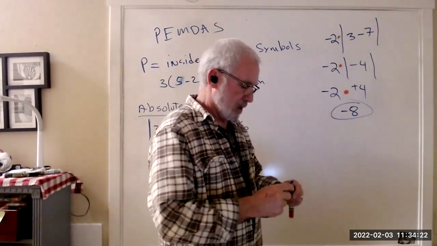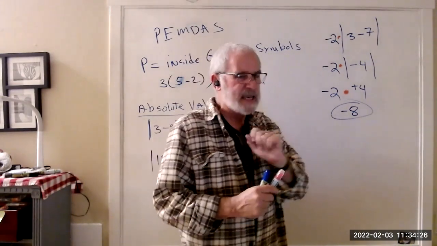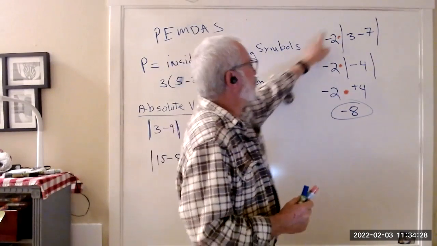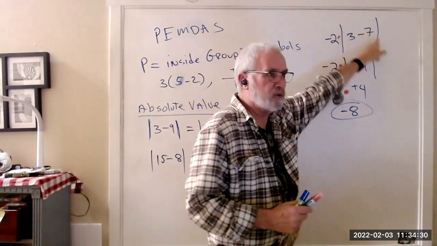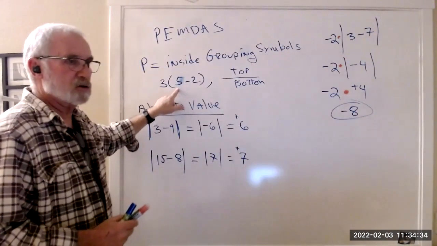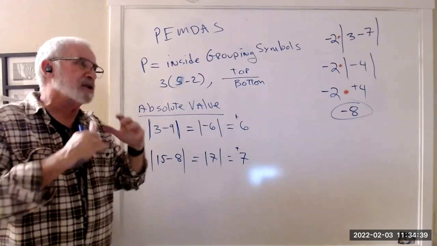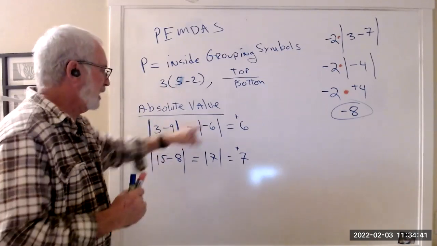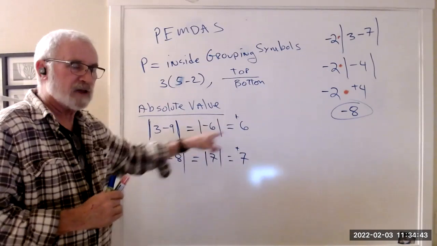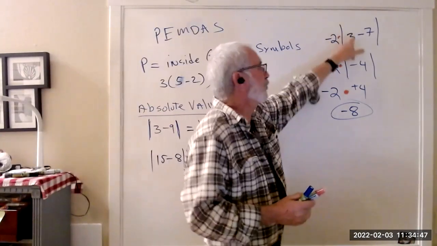You can never distribute into an absolute value. It's not a parentheses. It's like a parenthesis. It's a grouping symbol, but it's so special. It has a special property where it turns the answer positive. Because of that, you can't distribute.